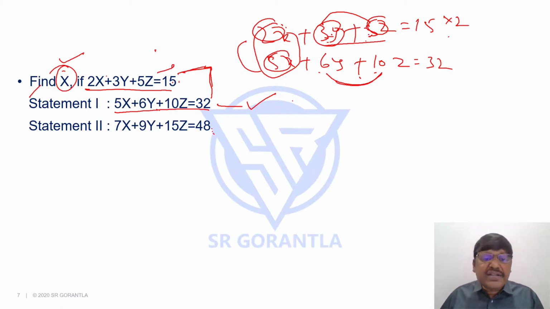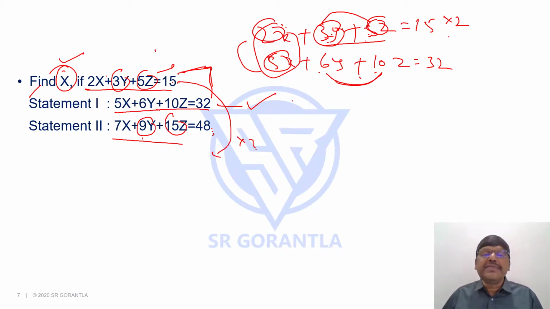What about the second statement alone, students? Again, if you see 3y 5z, 9y 15z, is it not 3 times of this? Suppose I multiply this 3 times and write it here, 6x plus 9y plus 15z is equal to some value, 45. So 9y, 15z you can cancel it.